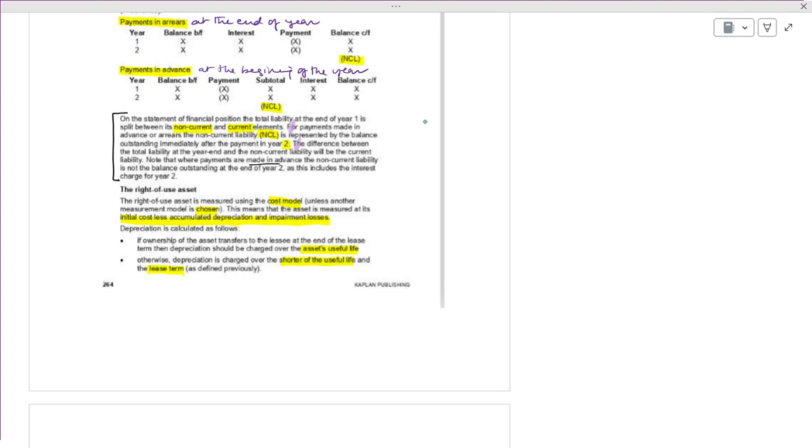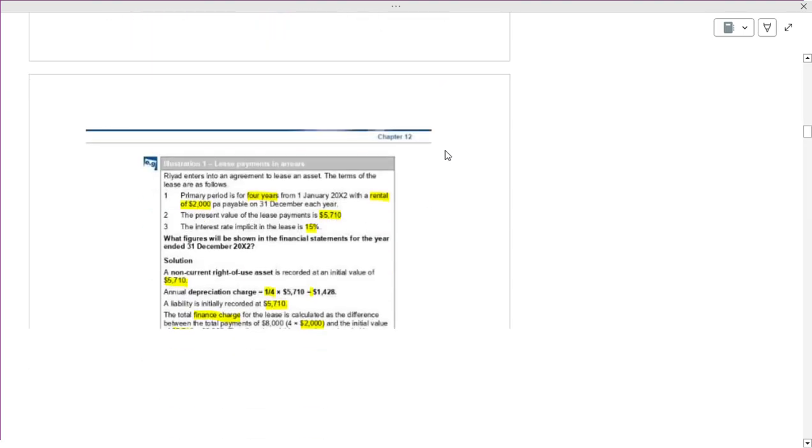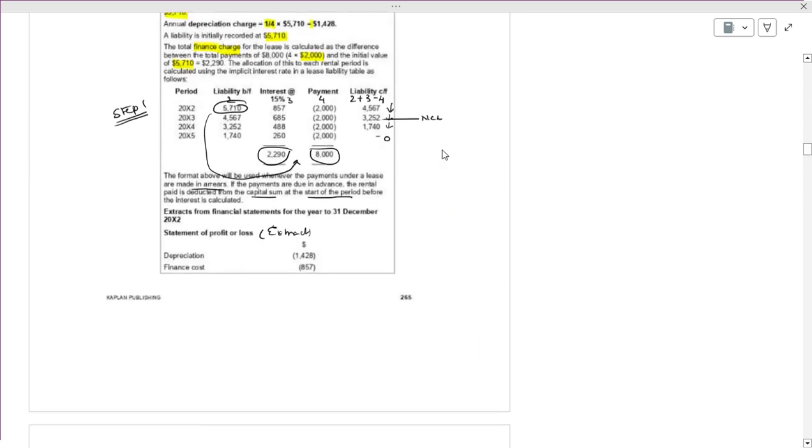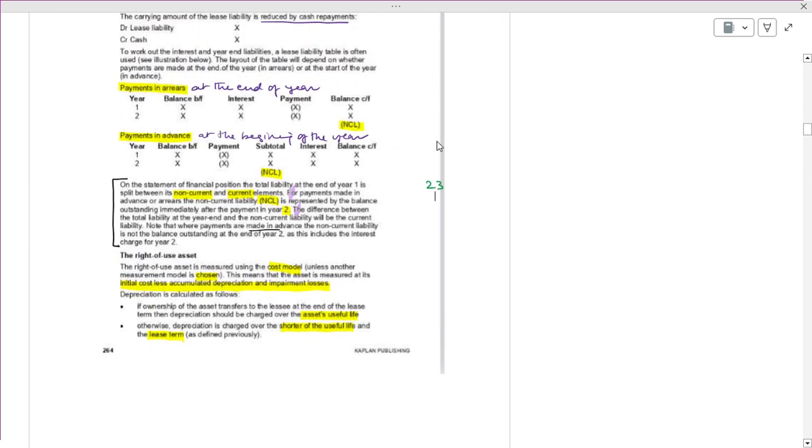On the statement of financial position, the total liability at the end of year 1 is how much? 23,128. Fine. It will be split into non-current liabilities and current liabilities.